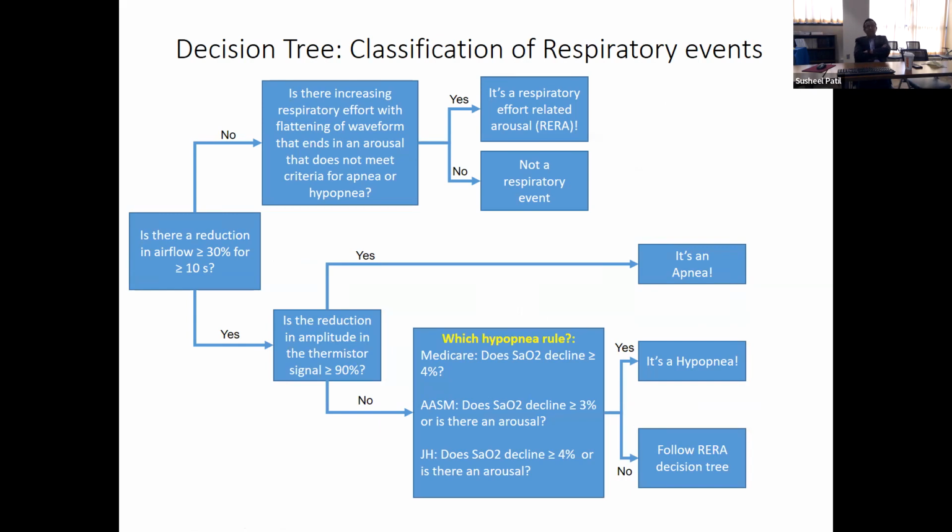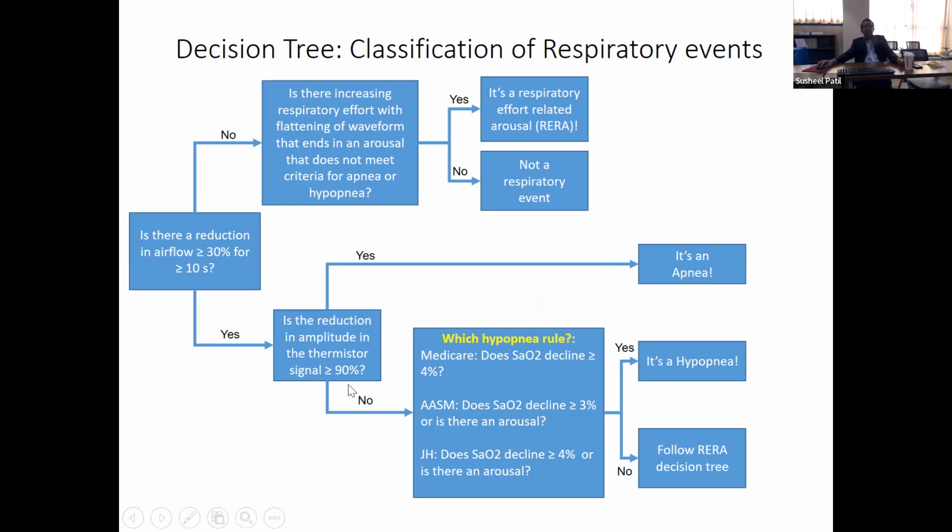If the answer is yes, then you go ahead and look at your thermistor channel. If the thermistor channel shows a reduction of more than 90%, then at that point you're going to call it an apnea.